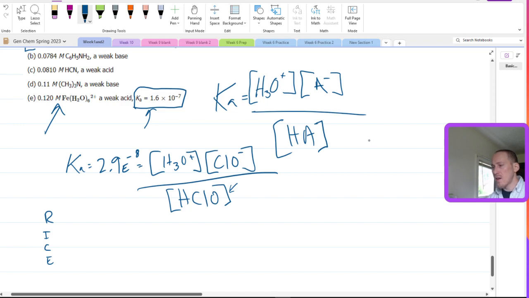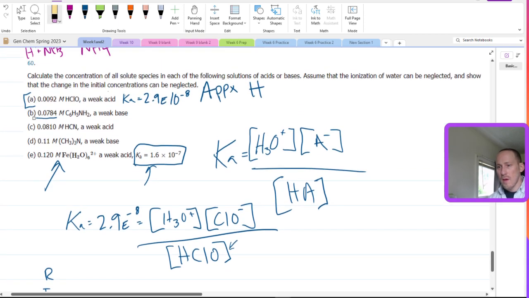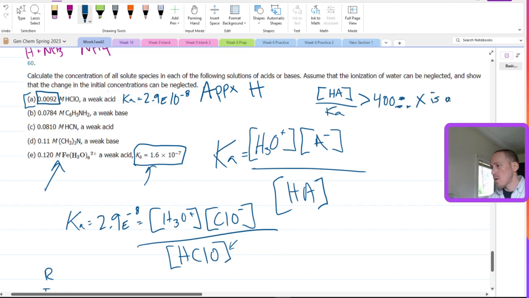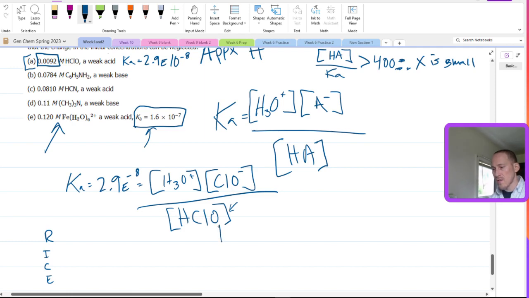And we kind of know that because if we divide the concentration by the Ka and it's over 400, then x is small, which basically means that we can just put the initial concentration of that down here.